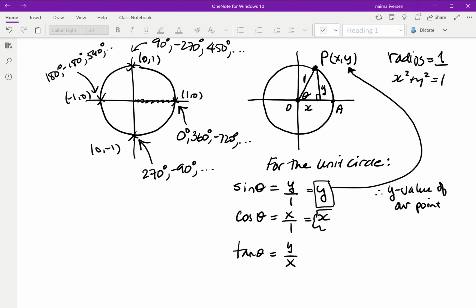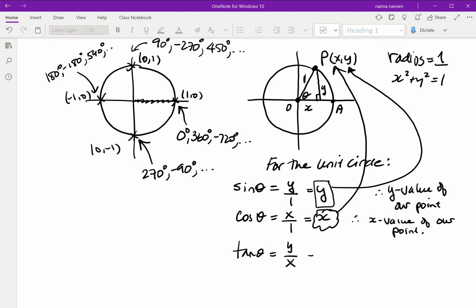This x value that we've got right here is the same as that x value right there. Therefore, cosine theta is the x value of our point. It is alphabetical, not perfectly. In the alphabet, x comes before y, and cosine, c, comes before sine, which is s, not directly before. For tangent, you kind of just have to remember that it's y over x.